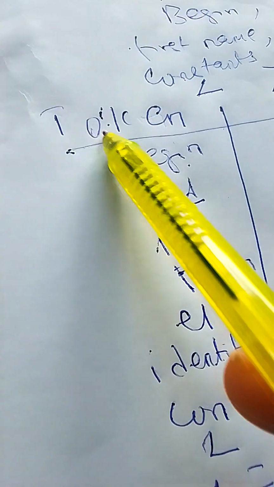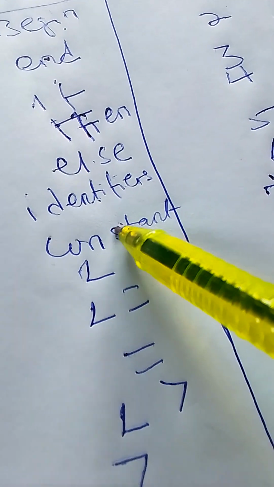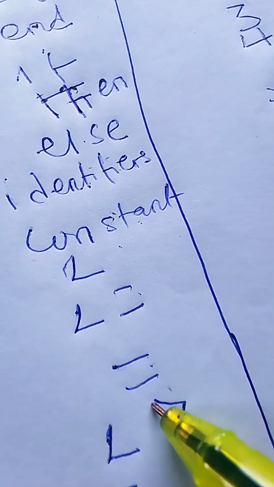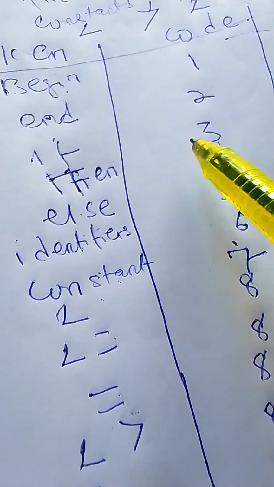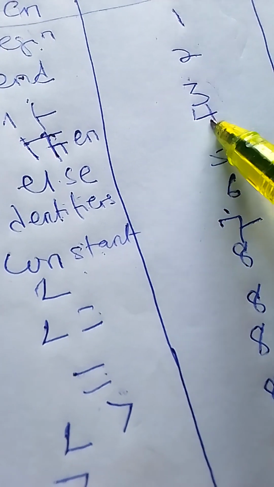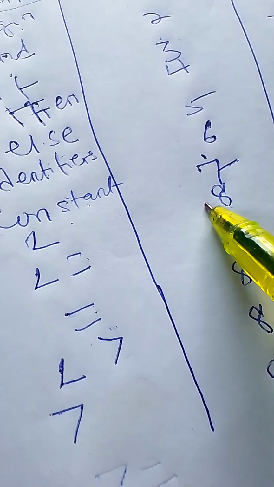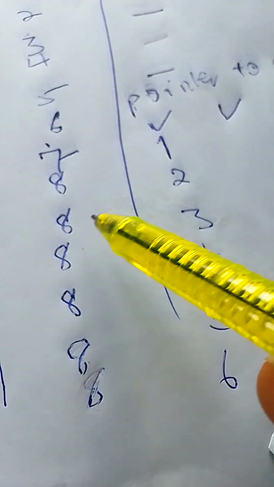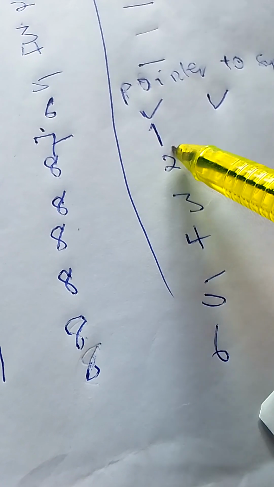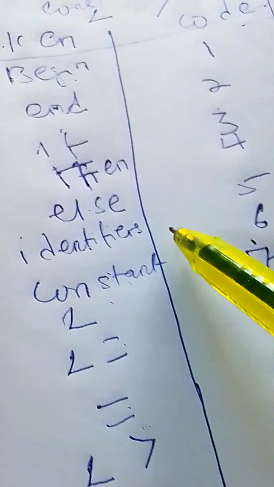So we have the tokens begin, end, if, then, x, identifier, and constant, with codes 1 to 7. From the operators, all have the code 8, and their values range from 1 to 6.